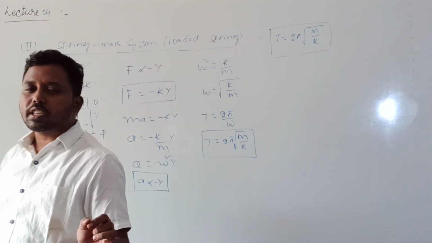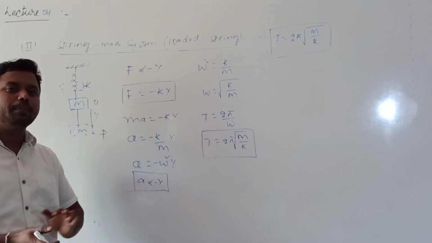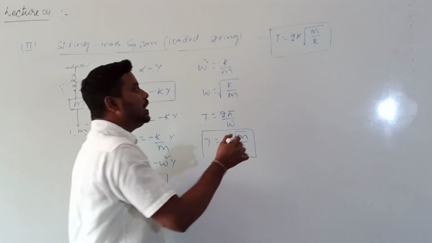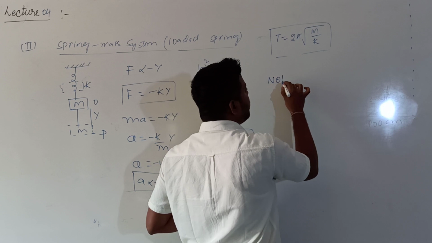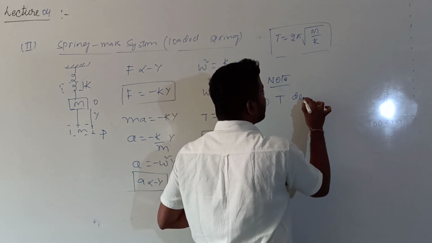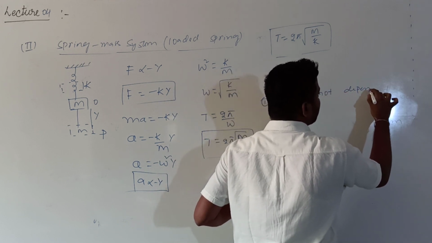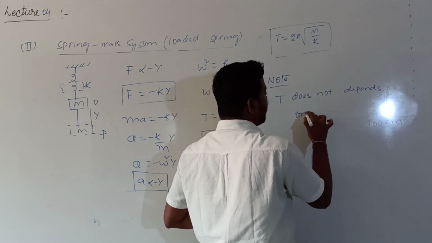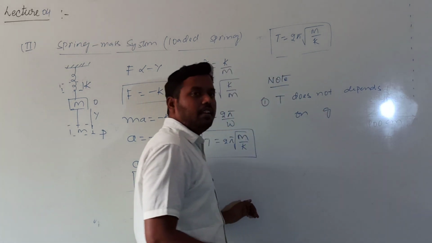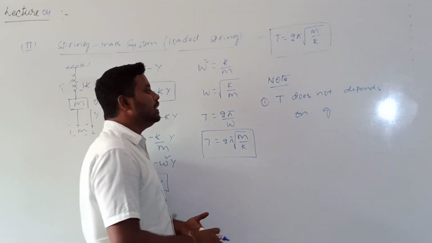It remains constant. The reason is that the time period does not depend upon acceleration due to g. So this point is very important. That's why from place to place the time period is not going to change.